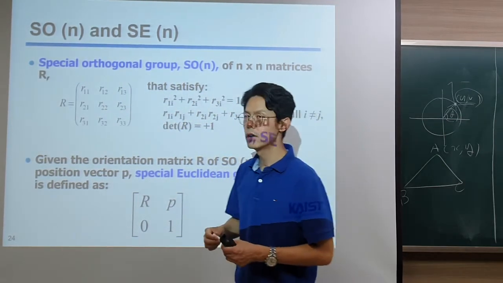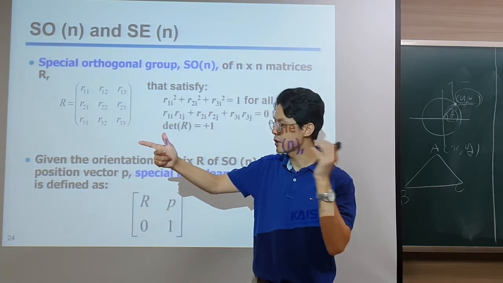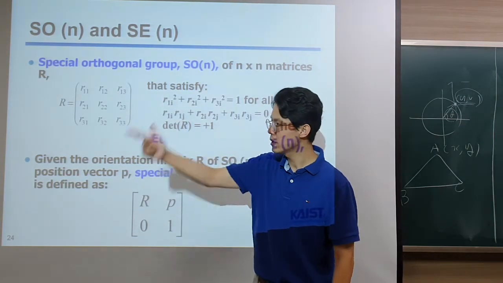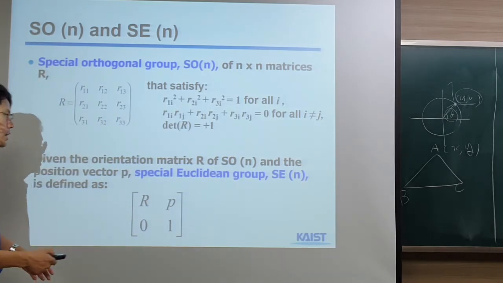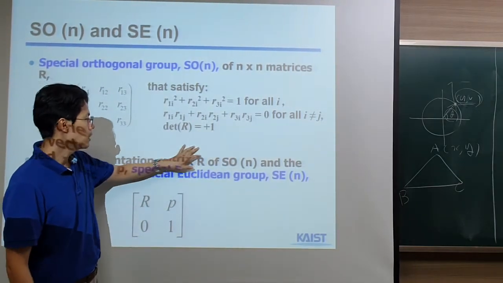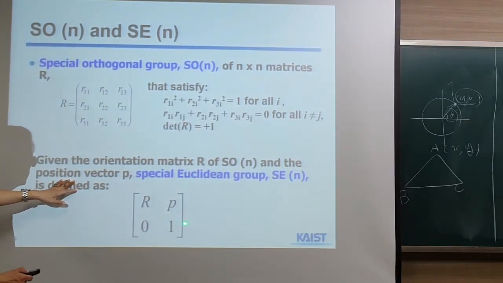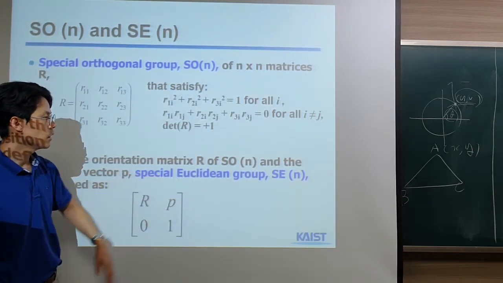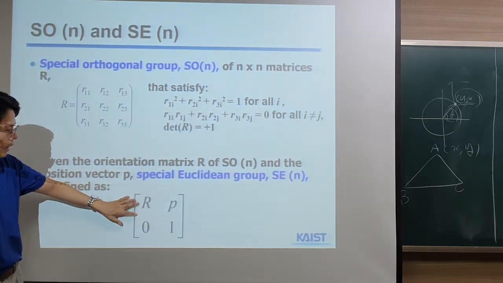And then given this orientation, we can also think about the position, right? We can place a robot here or there, right? That's why we have this equation. Given the orientation matrix, let's say R in SO(n), and also the position vector P, we call it the special Euclidean group SE(n), with a 3 by 3 matrix, and 0 and 1.